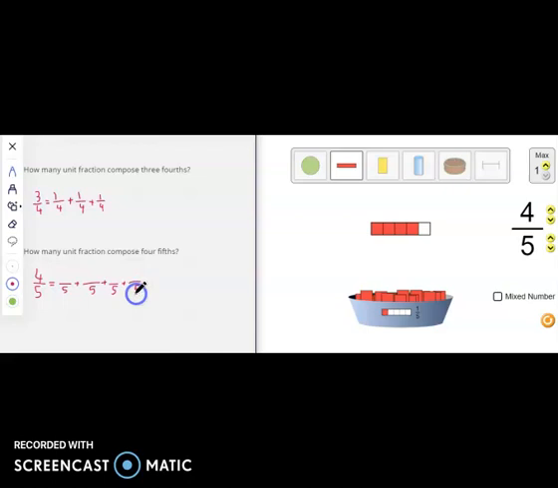And the 4 I'll decompose as 1 plus 1 plus 1 plus 1. Because 4/5 represents 1 over 5 plus 1 over 5 plus 1 over 5 plus 1 over 5, and the 5th one is not with us.